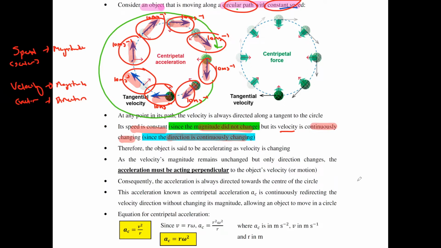And because velocity is changing, we say that the object is accelerating. Again, this relates back to your AS, where acceleration is the rate of change of velocity. So as long as you have a velocity change, you're going to have acceleration. Because velocity is changing here, there definitely must be acceleration. The object is actually accelerating.